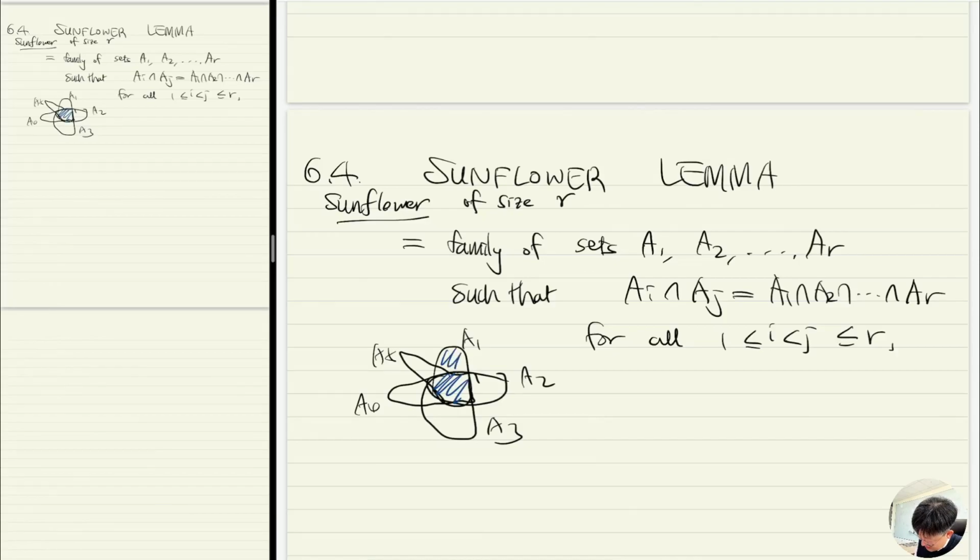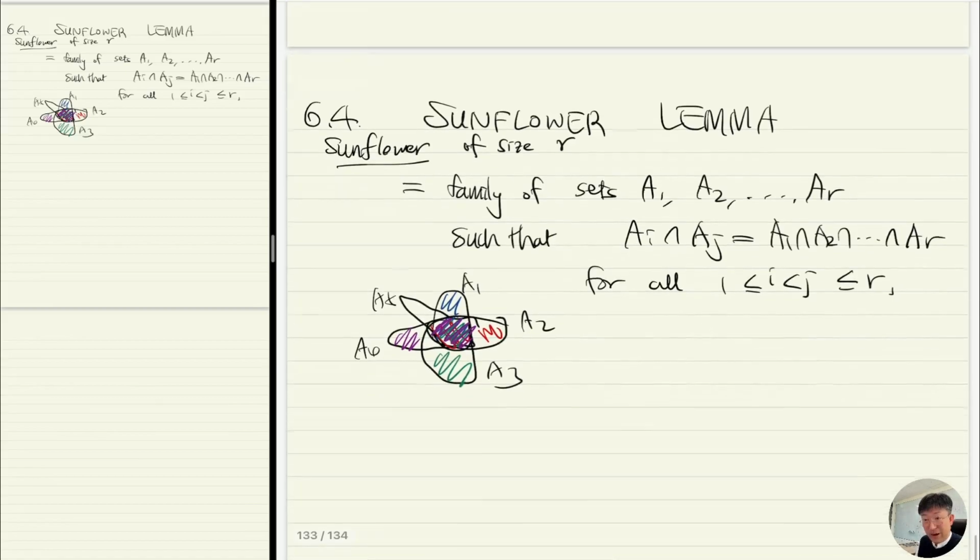So this together with that is A1, and this together with that is A2, and this together with that is A3, and this part together with this is A4, etc. So a collection of sets where the pairwise intersection is exactly equal for all i, j is called a sunflower.